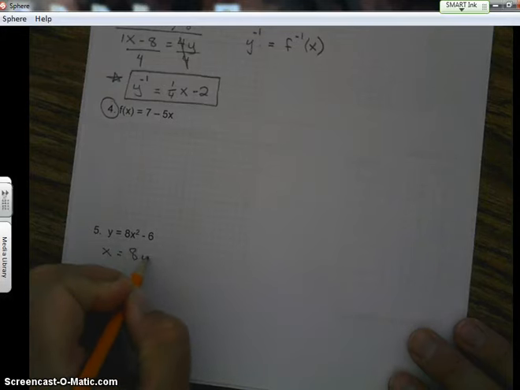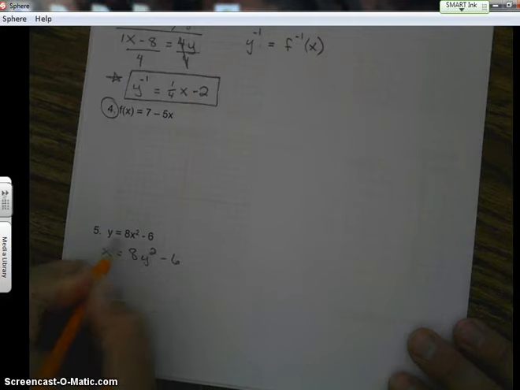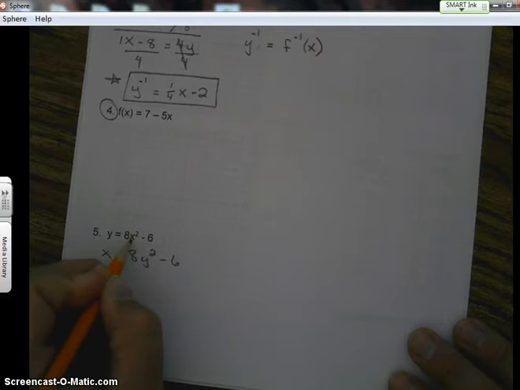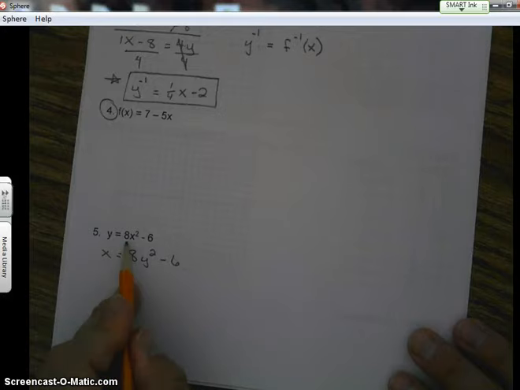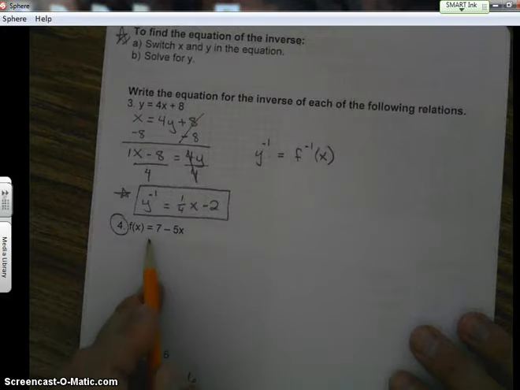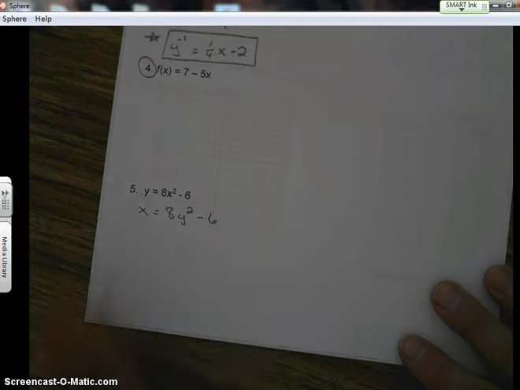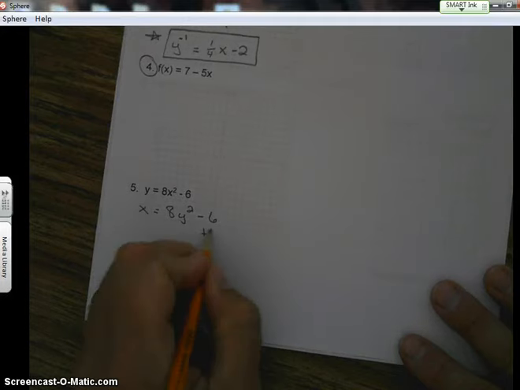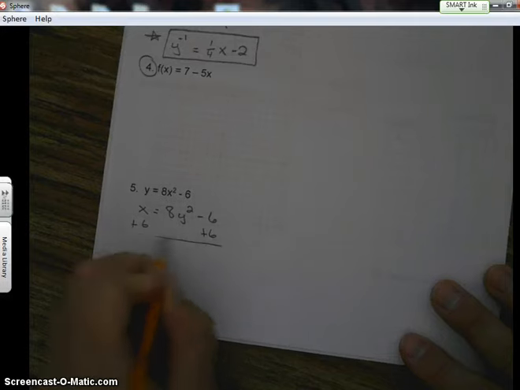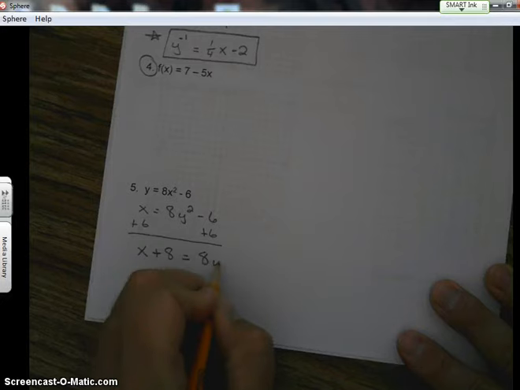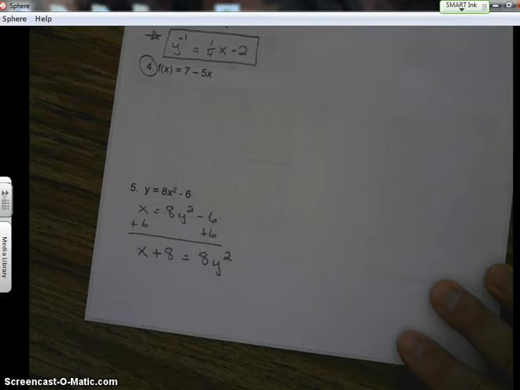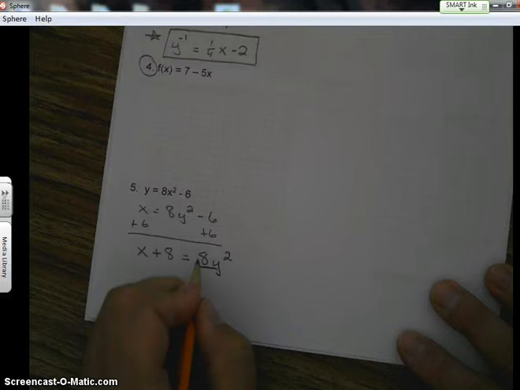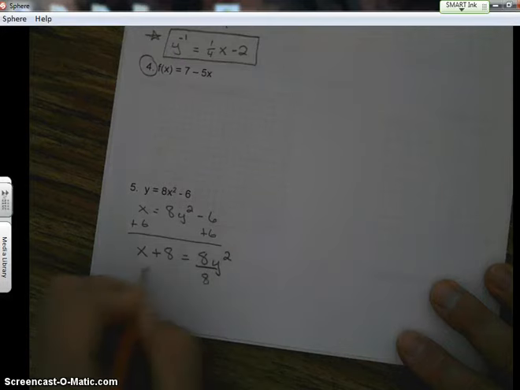Now the reason I'm doing this one, notice, is because the original was quadratic. So these both were linear functions. So solving for y, we're going to undo adding and subtracting first, which many of us forgot to do on our absolute value equations. Then we undo multiplying with division.